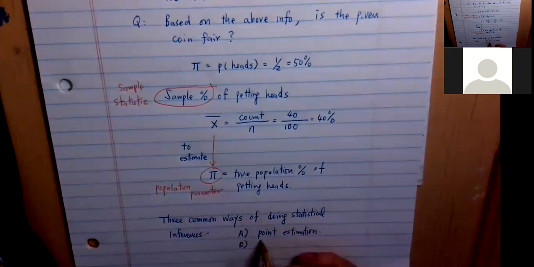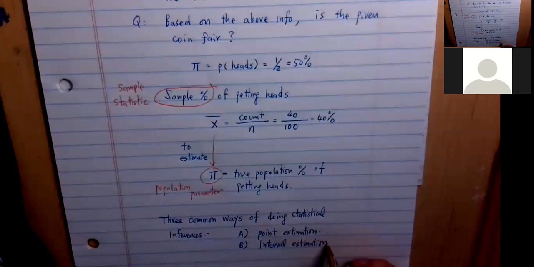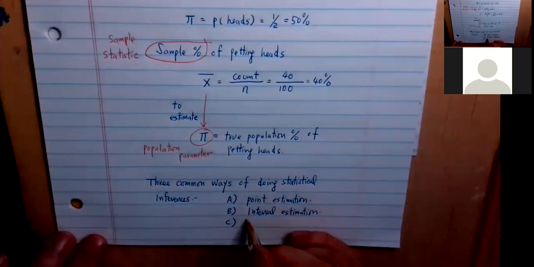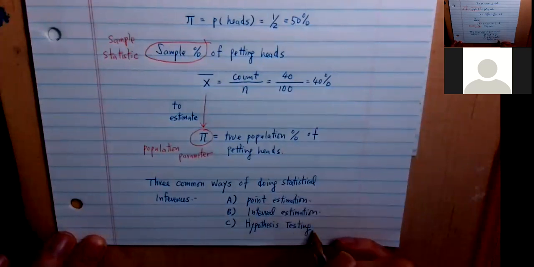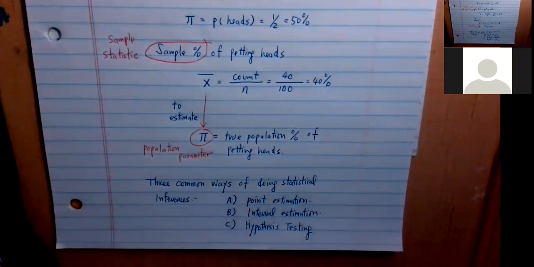B, interval estimation. And C, hypothesis testing. There are three common ways to do statistical inference.